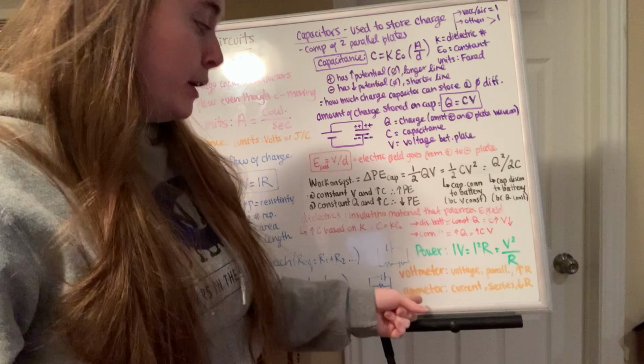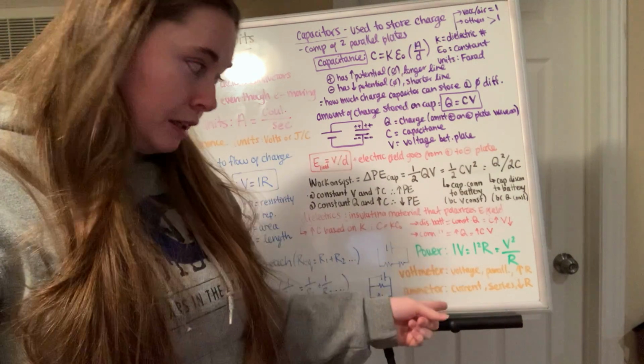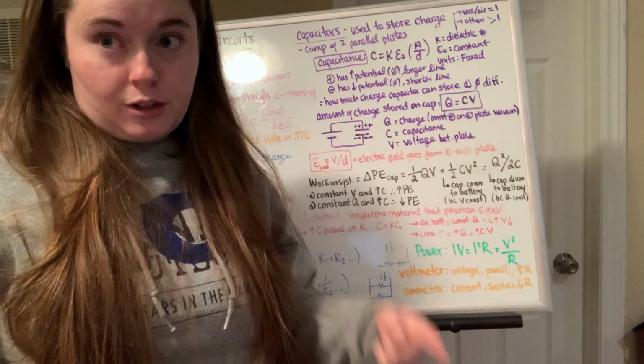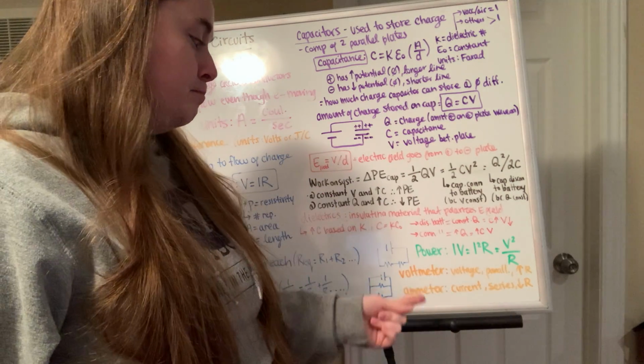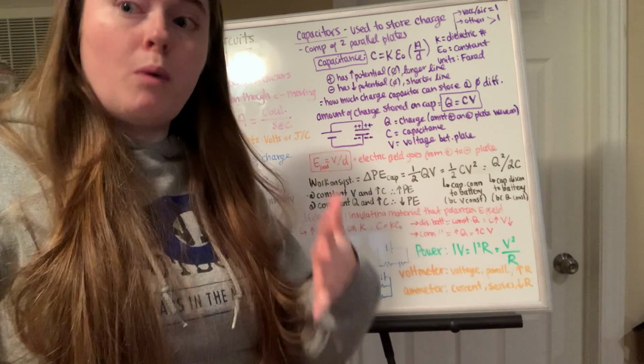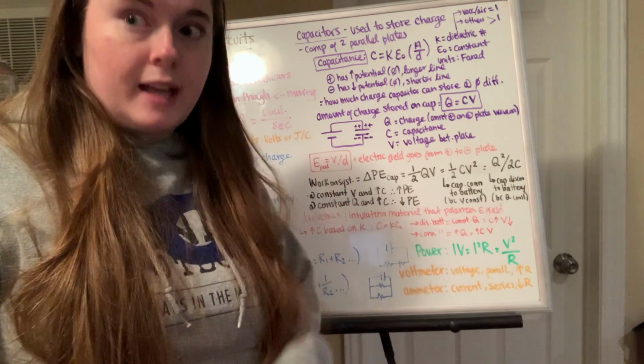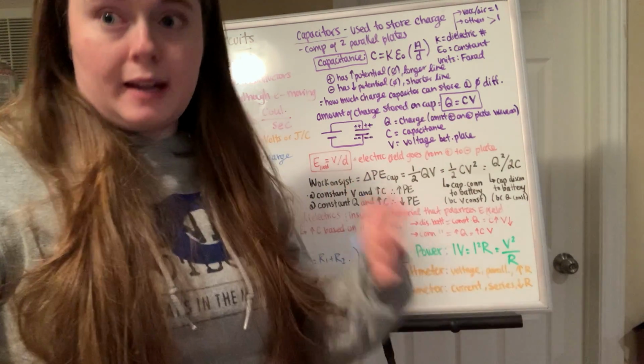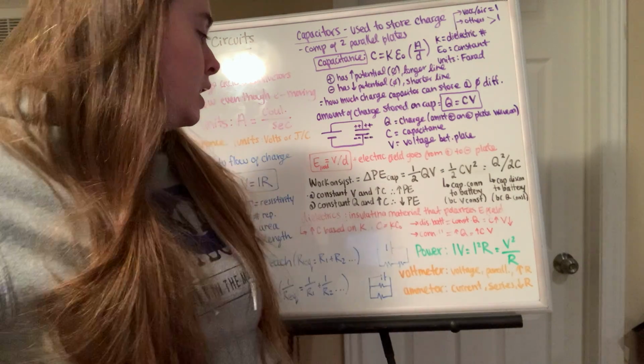But when we're talking about an ammeter, we're talking about measuring the current, and it is placed in series in the circuit, and it has a decreased resistance because we want the current to pass through the ammeter so we can get an accurate measurement of the current, right?